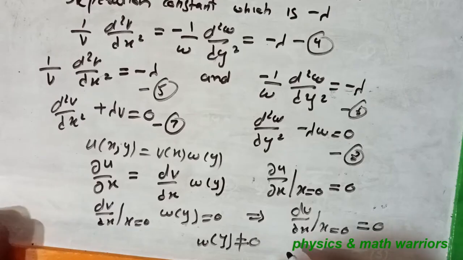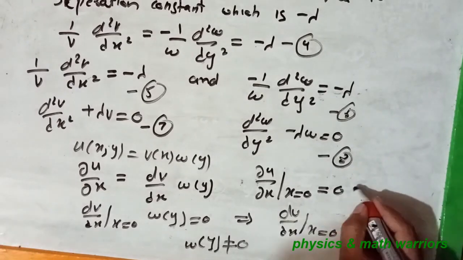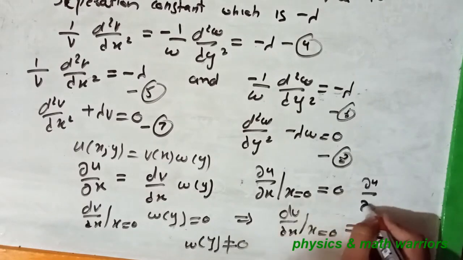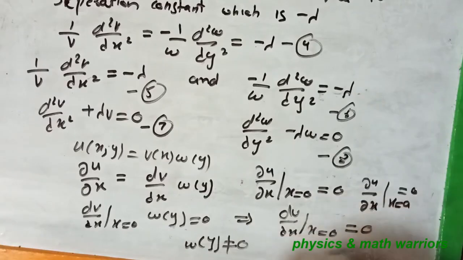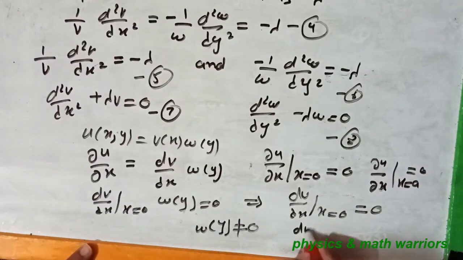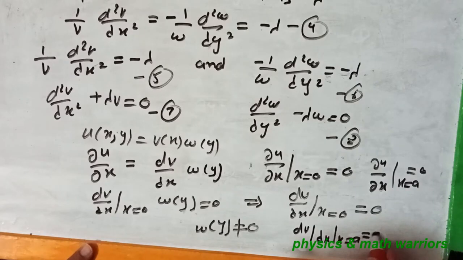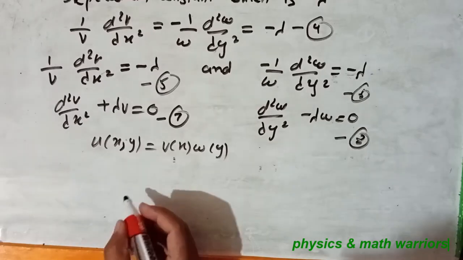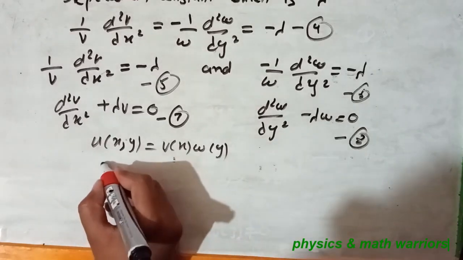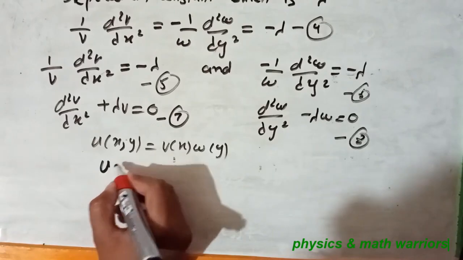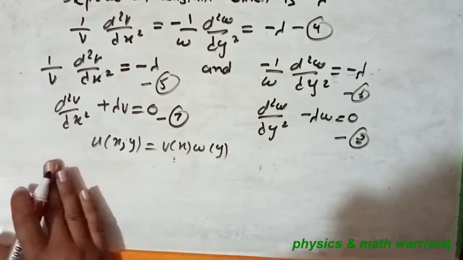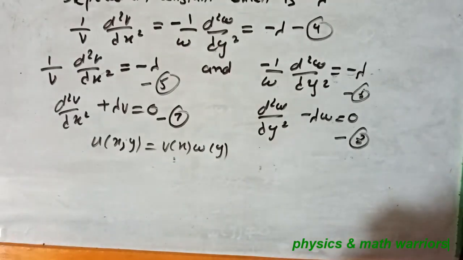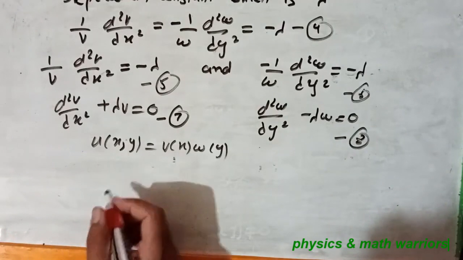Similarly, second boundary condition, which is partial u over partial x at x is equal to a is equal to 0 implies dv over dx at x is equal to a is equal to 0. Now we will find the boundary condition for equation 8.